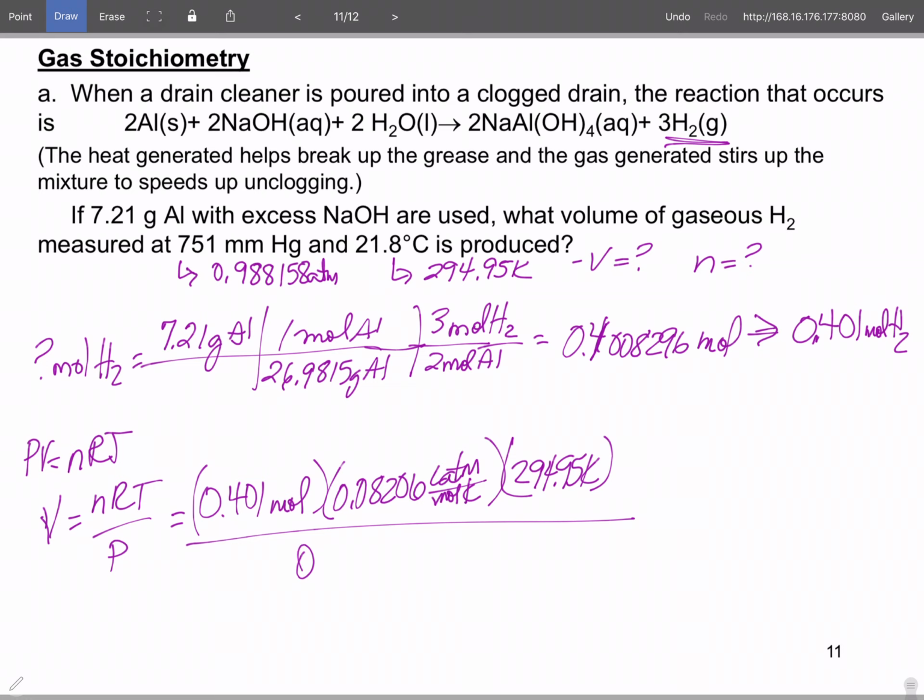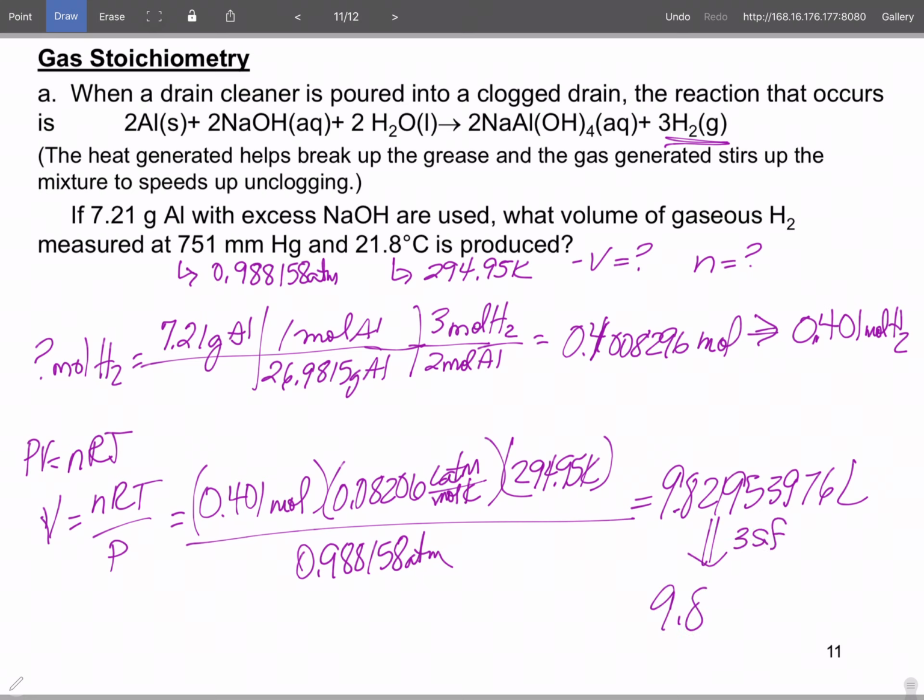Our pressure is 0.988158 atmospheres. So then we generate 9.821953976 liters, which again, we're using 3 significant figures, so that's 9.82 liters.